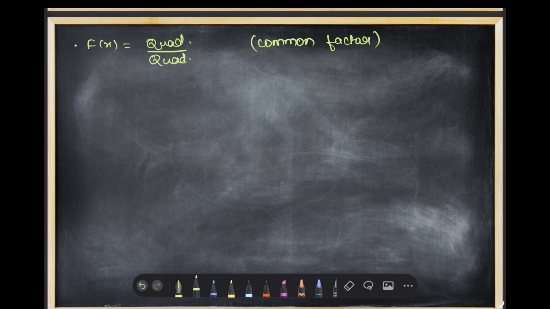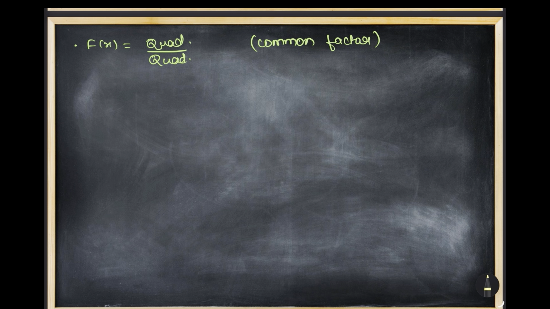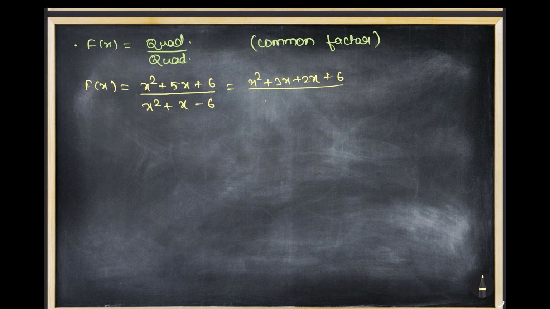So suppose that we have f of x equals (x square plus 5x plus 6) upon (x square plus x minus 6). Let's do the factorization first. So x square plus 3x plus 2x plus 6, then x square plus 3x minus 2x minus 6.